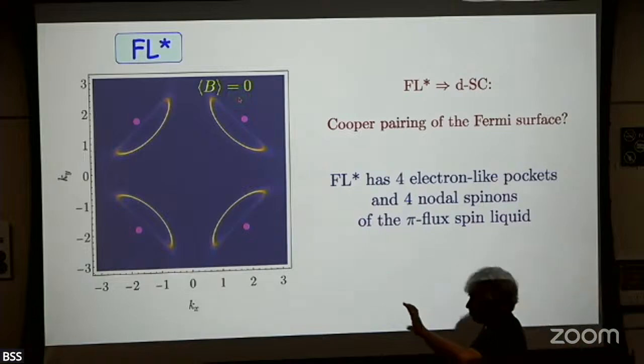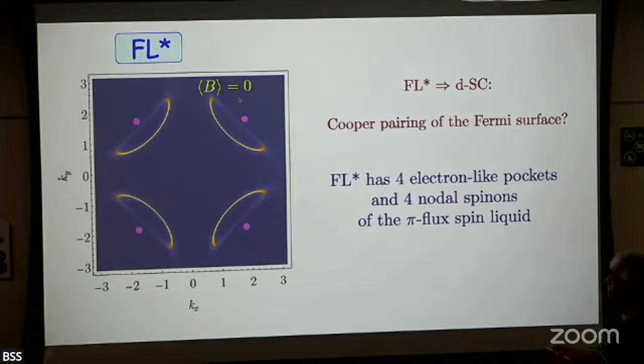I have the Kondo lattice on the top layer, and that gives me this Fermi surface. And then I have the spinons of the bottom layer, these are the 4 spinons of the bottom layer. So this is the FL* state, which is the zeroth order starting point for describing the pseudogap.